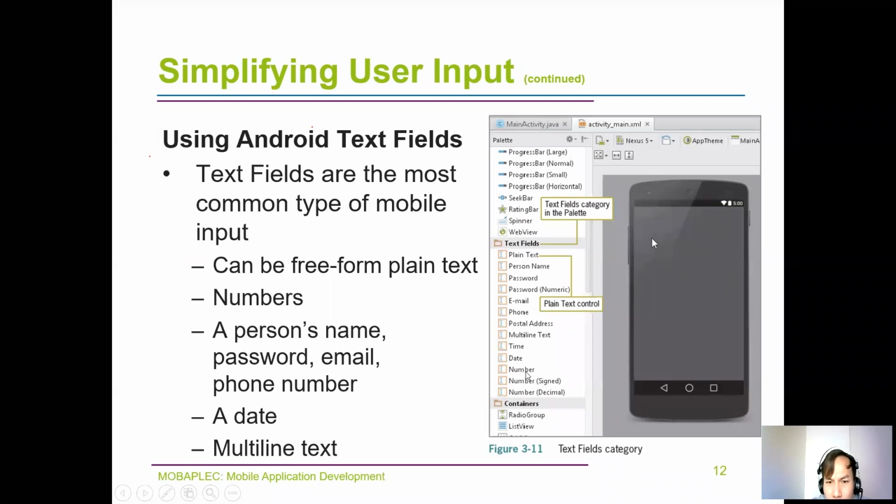Those are the text field types that you can use as part of the controls. So the most common types of mobile input are already here. All you have to do is drag and drop those things, but of course you need to code those given widgets based on the palettes.